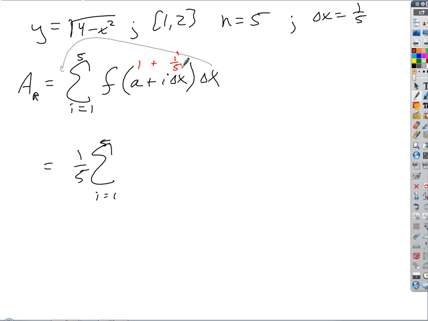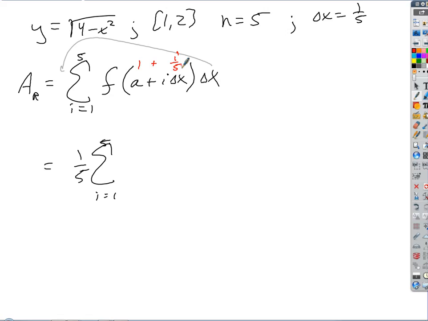So f of x is the square root of 4 minus x squared. What's f of that whole thing? It's 4 minus that quantity squared, right? So put all that in, 1 plus i over 5. That's what's being squared.